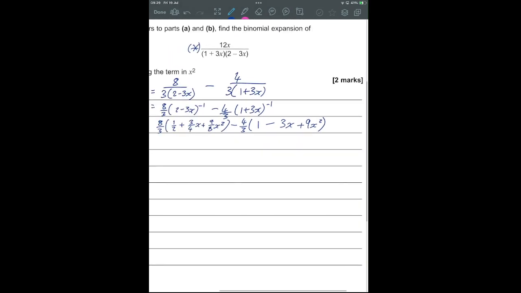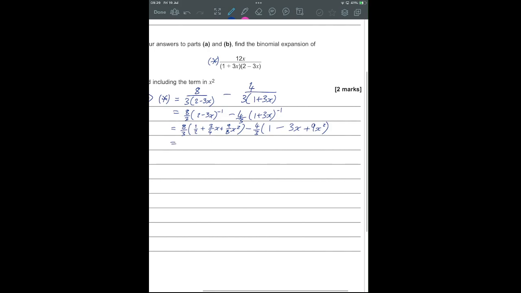So now we need to combine them together. We've got half of 8/3 minus 4/3. So that's 4/3 minus 4/3, that cancels out. 8/3 times 3/4 is 2, plus 4, so is that just 6x. 8/3 of 9/8 is 3, minus 12.